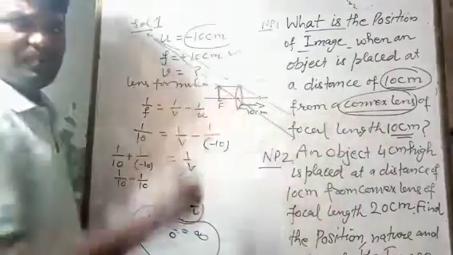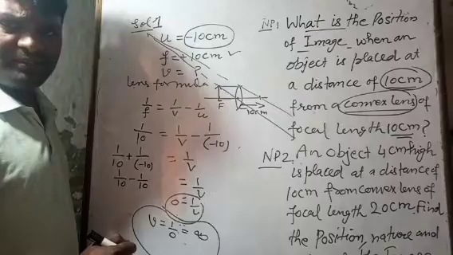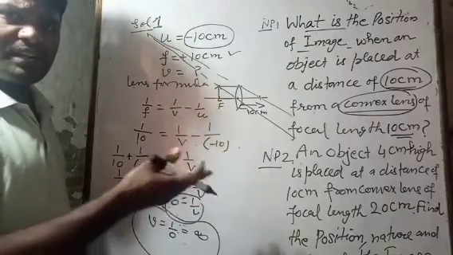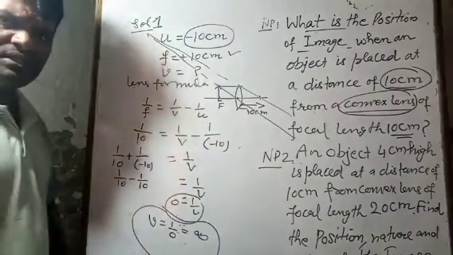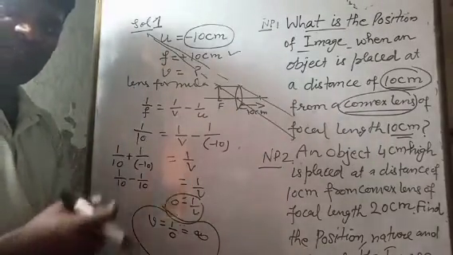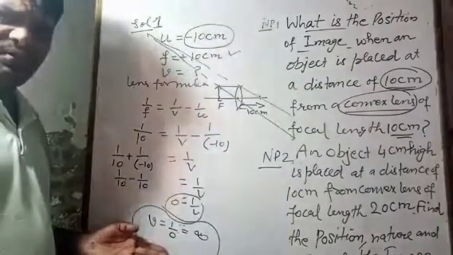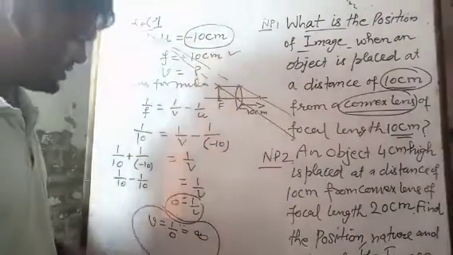It is given in the numerical, focal length is 10 centimeter and object is placed at 10 centimeter. Means obviously the object is placed on the focus. You can predict from it. Hence when the object is placed at the focus, the image is formed at infinity. That means our numerical problem, we have resolved it correctly.